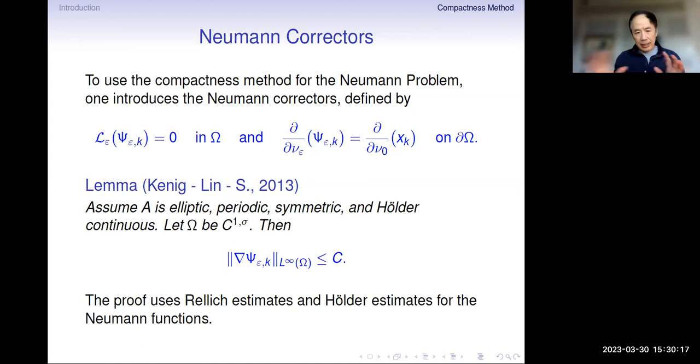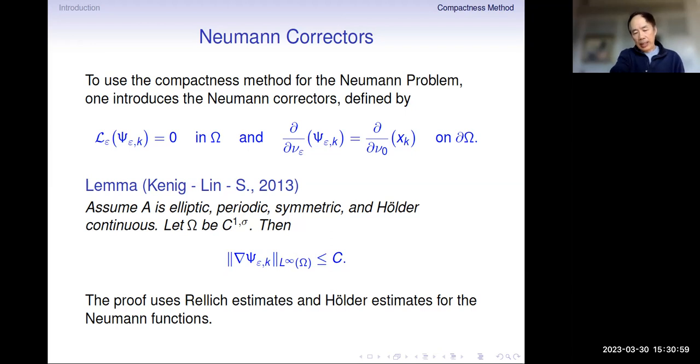Again, the key step to using this compactness machinery is to introduce the so-called Neumann corrector. So what is the Neumann corrector? The Neumann corrector is a solution in omega whose Neumann data is the Neumann data, the d/d nu_0, of the linear function plus chi_k, where d/d nu_0 is the conormal derivative for the homogenized operator.